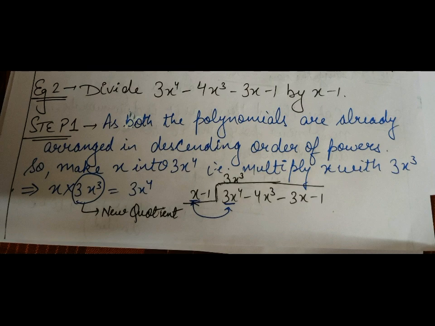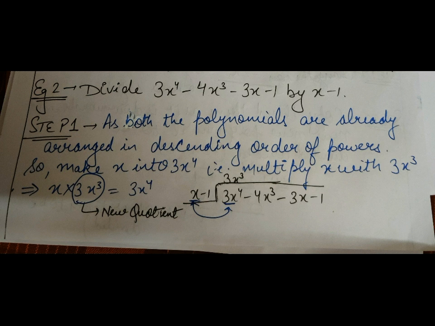Now come to example number 2. In example number 2, we have to divide 3x to the power 4 minus 4x cube minus 3x minus 1 by x minus 1. Here, as both the polynomials are already arranged in descending order of powers, we have to make x into 3x to the power 4 straight away.